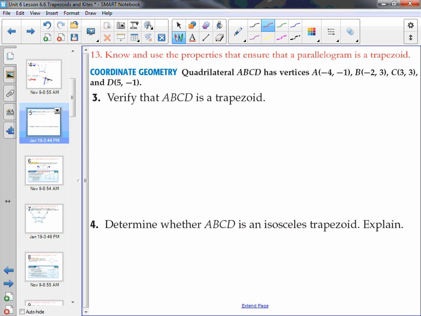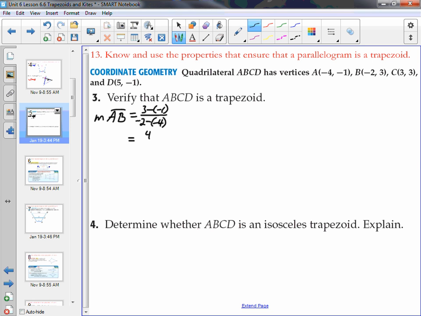Well, we can check for that with slopes, can't we? Let's just find the slope of every side, and we should get one pair of parallel sides. So here we go. Let's find the slope of segment AB. So that'd be 3 minus -1 over -2 minus -4.